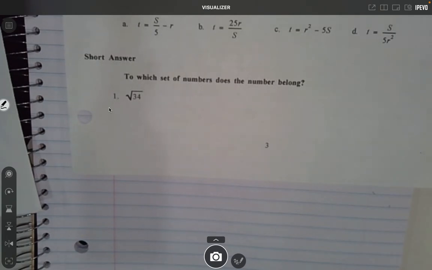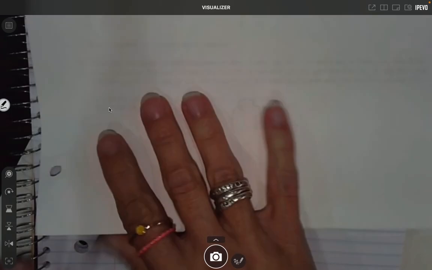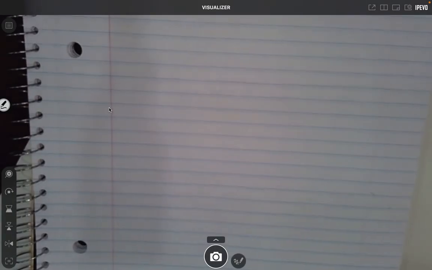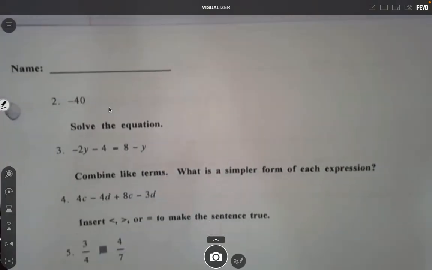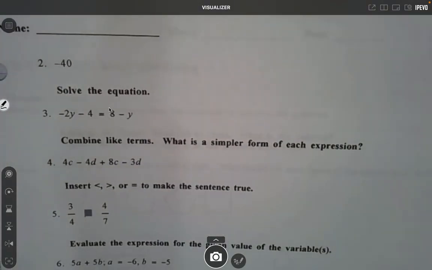So it's either rational or irrational. Okay, is everybody good with that one? Yes. Keep going. All right, what about this one? I think it's more like the one we just did. Hint, hint. Number 2 on here, what kind of number is -40? Is that rational or irrational?